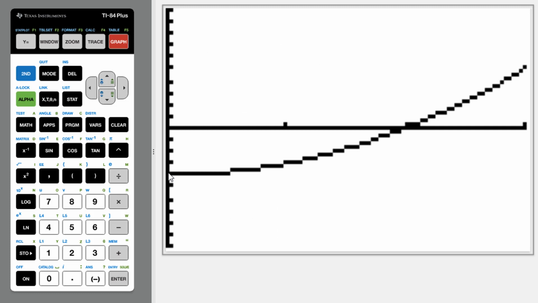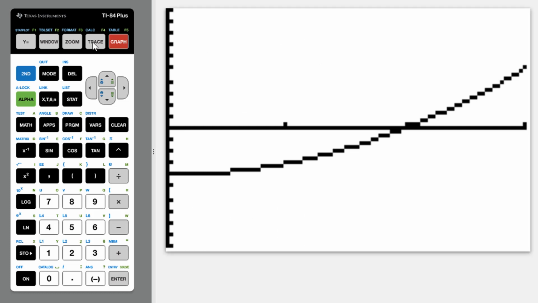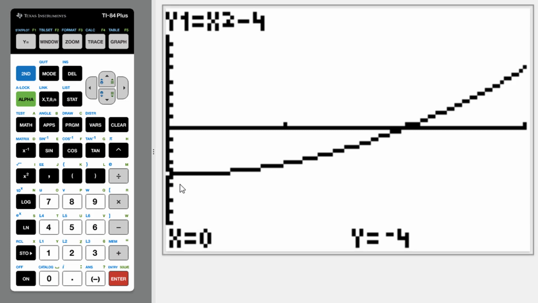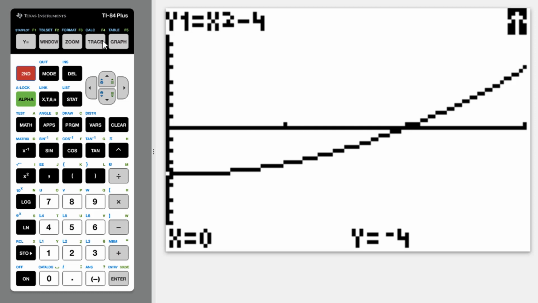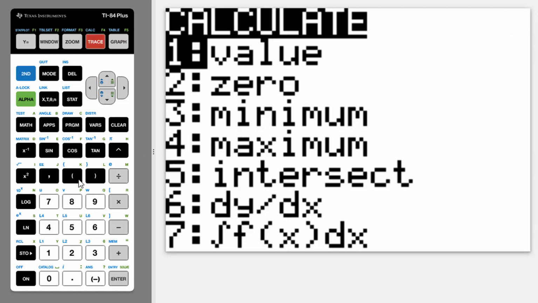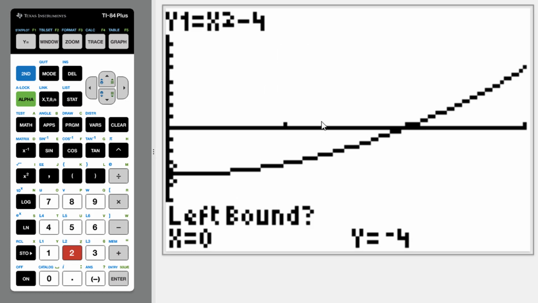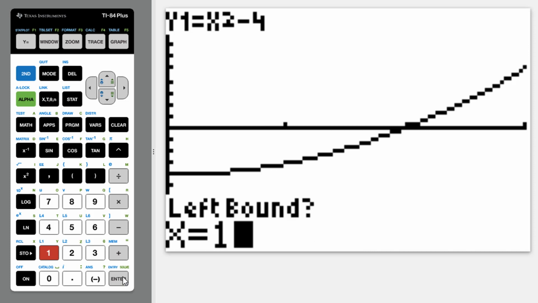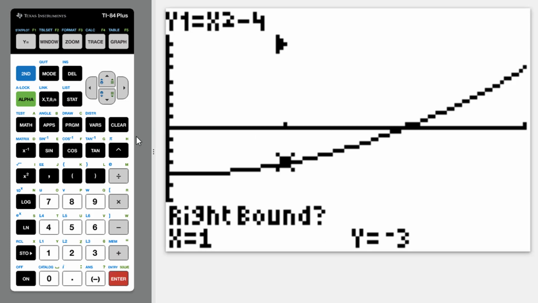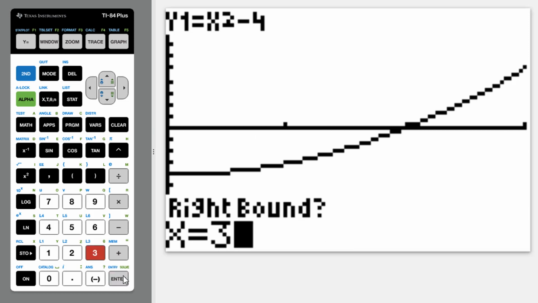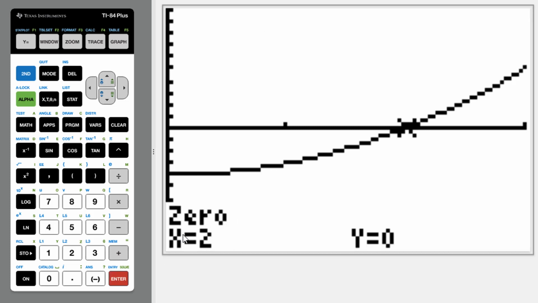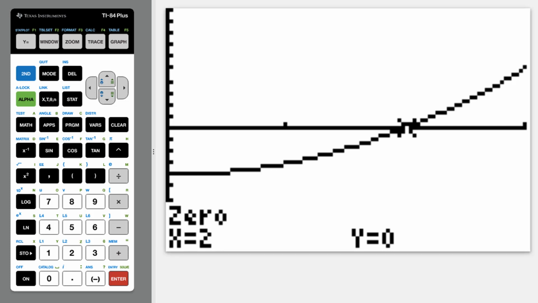Find this y-intercept, go to trace, 0, enter. -4. Find this 0, second trace, 2. We know this is a 1, so left bound is 1. Right bound is 3. So we get 0 is 2.